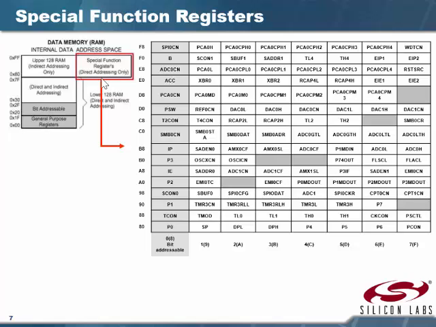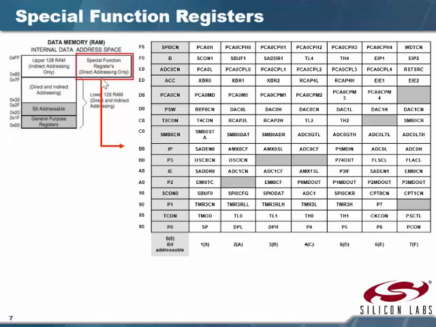As I said, our particular microprocessor uses almost all of them. It goes from 80 to F8. Beyond F8 you can use, but these are our special function registers.